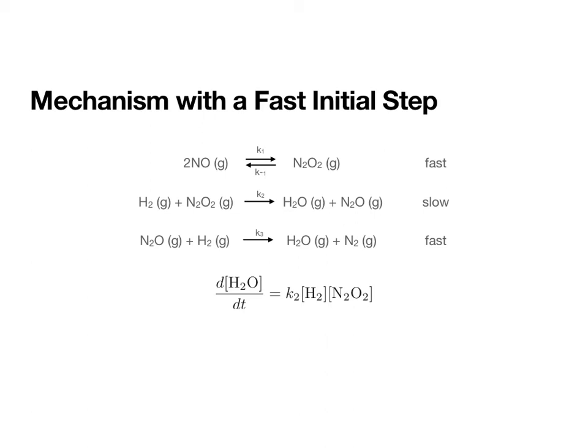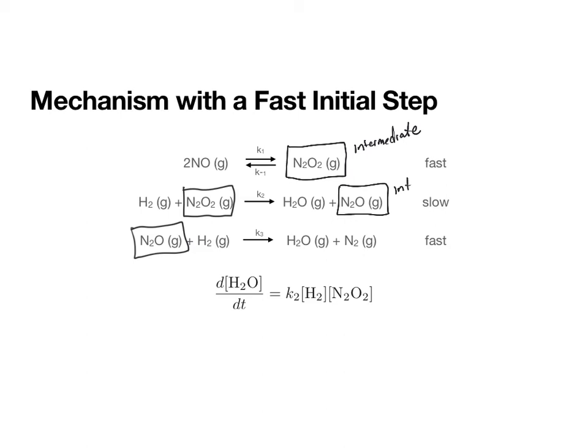And in this, we have some intermediates. So to start off with, we start off by writing the rate law for our slow step.